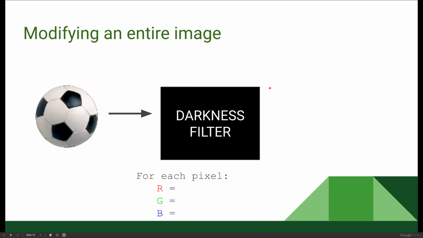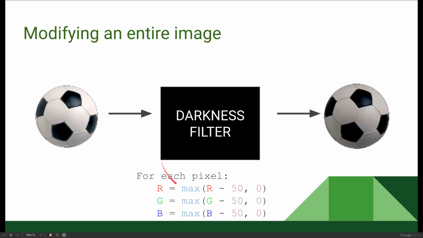And I can do the same thing with a darkness filter. If I added 50 to brighten my image, I can subtract 50 to darken my image. But what edge case do we have to be careful of here? Zero, because we can't have a negative amount of a color.